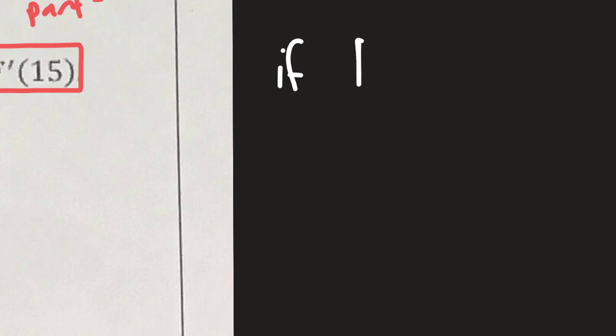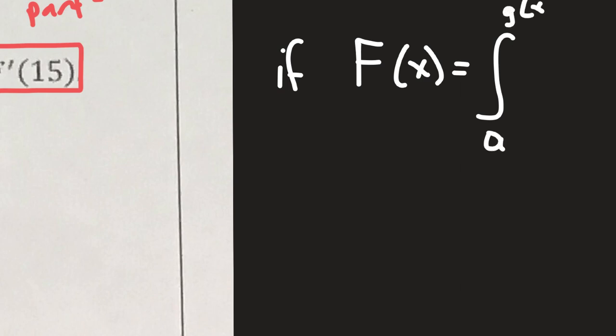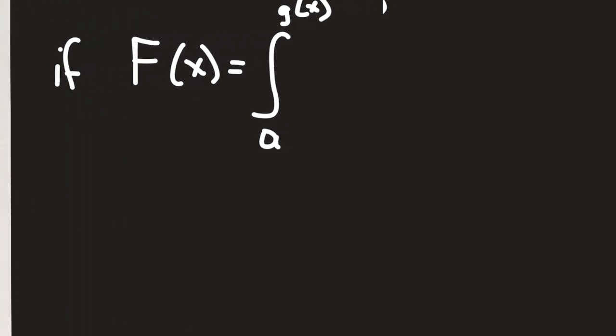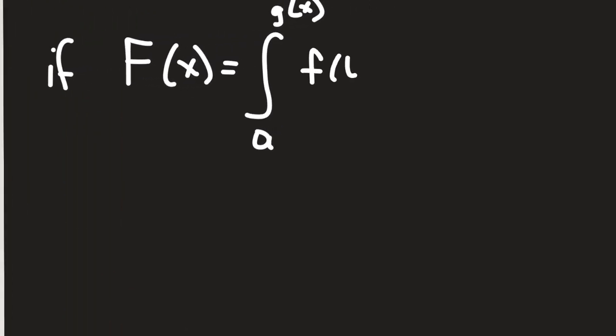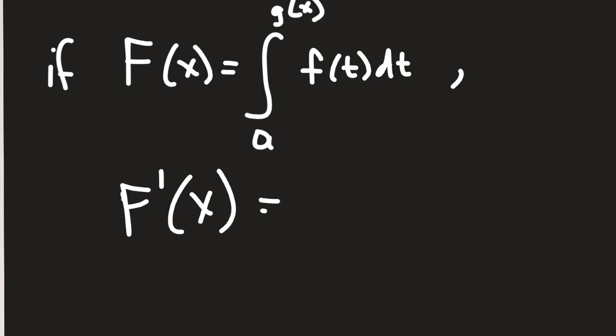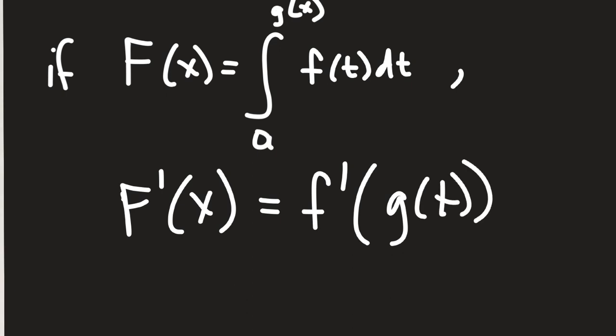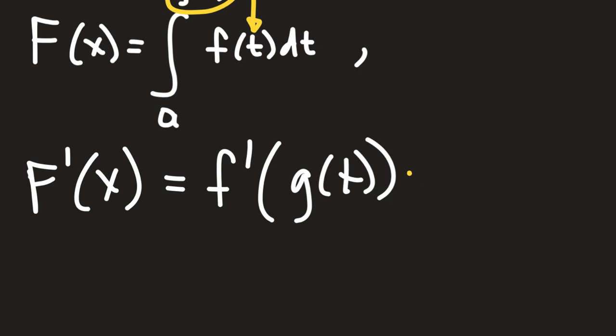If F is the integral from a to some function, so we have a variable of integration of some function here, then F prime, the derivative of our integral, is found by replacing your variable in your function with that limit of integration and then multiplying it by the derivative of that limit of integration.